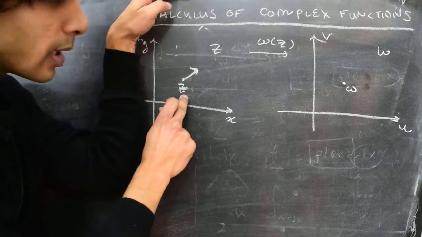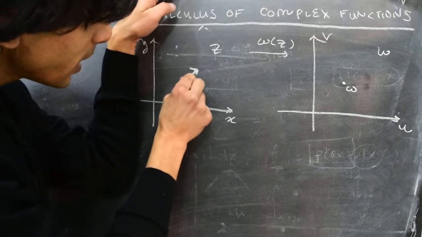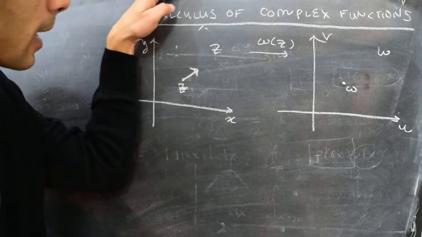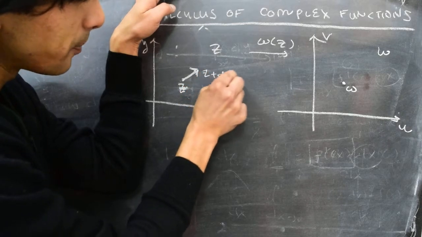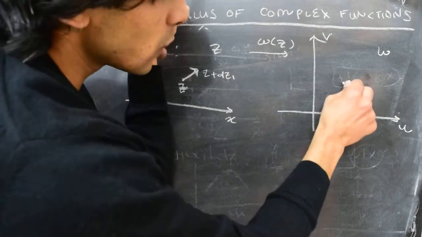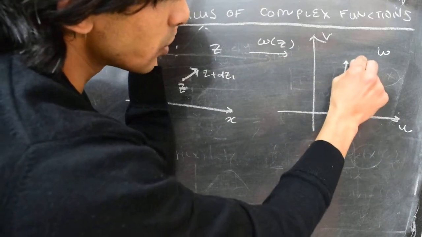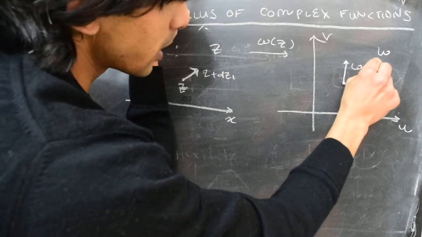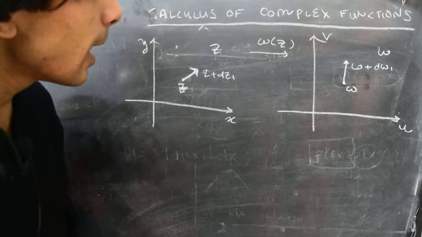You want to think about what is the derivative of the function at the point z, and you make an infinitesimal arrow going from z to z plus dz1. And maybe under this mapping, the image of this arrow looks like this. It goes from w to w plus dw1.